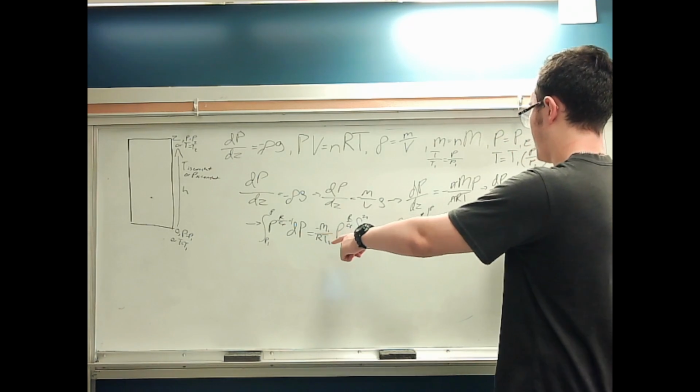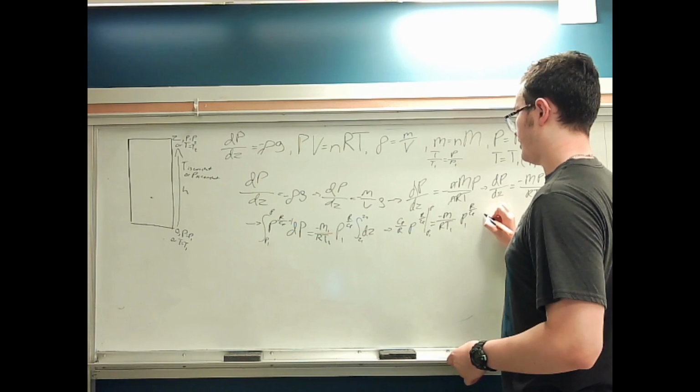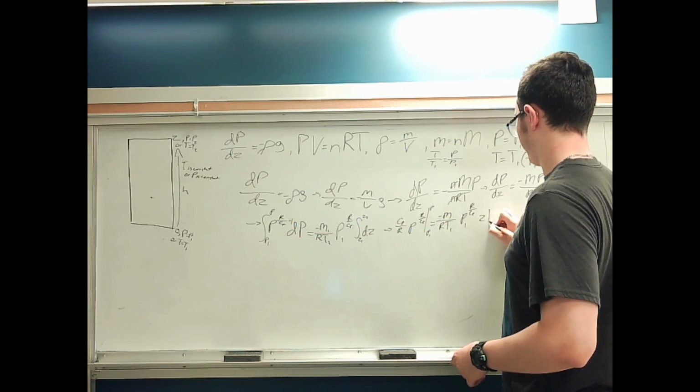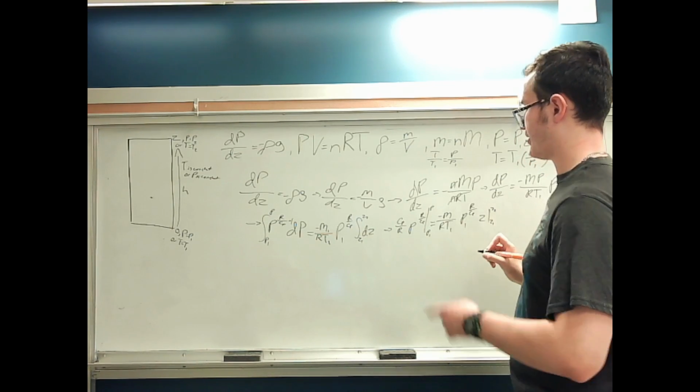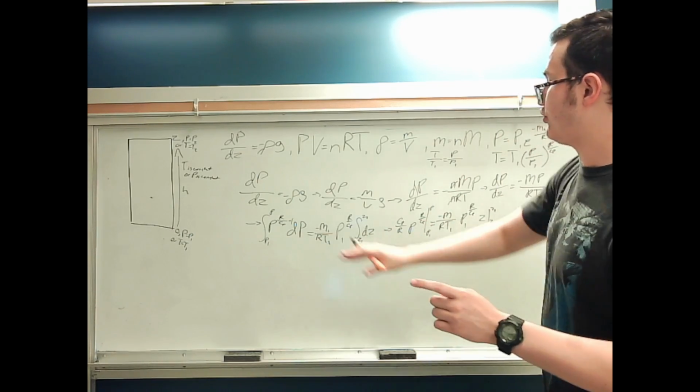I'm just copying this over, then times Z from Z1 to Z2. I'm going to have to crouch one more time, but we should be able to fit everything.